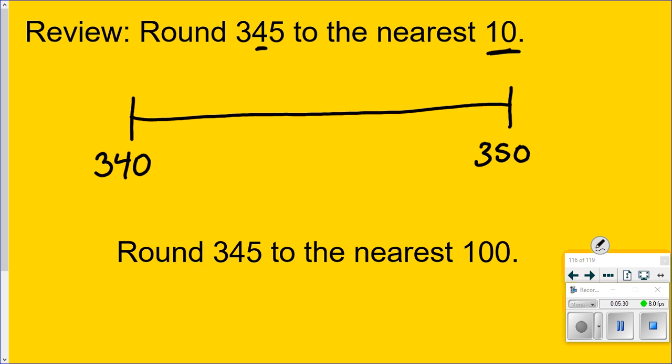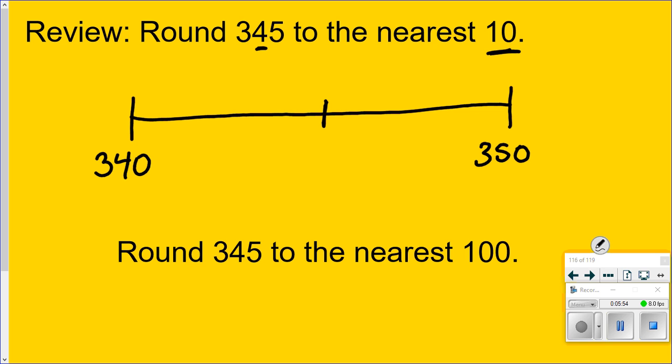Love that. Awesome. The next step is we need to find our middle, because that helps us figure out which endpoint it's closest to. What is my middle number? Is 55 going to go in between 340 and 350?